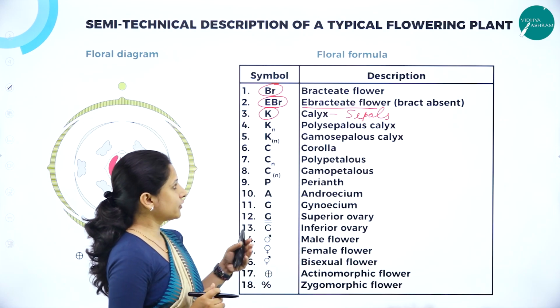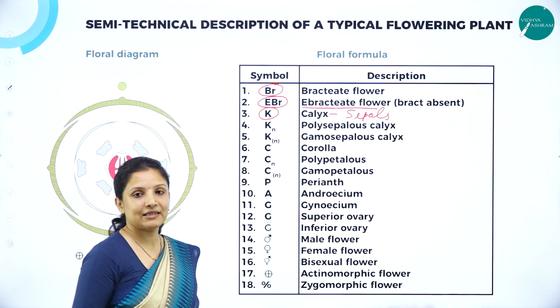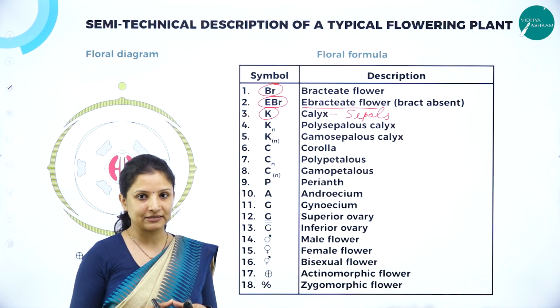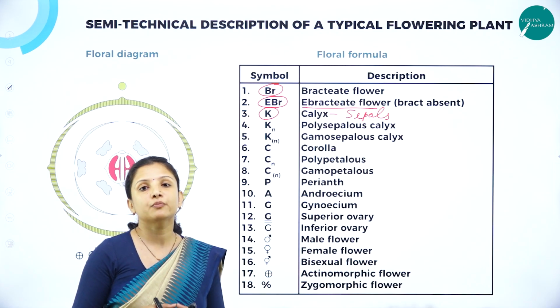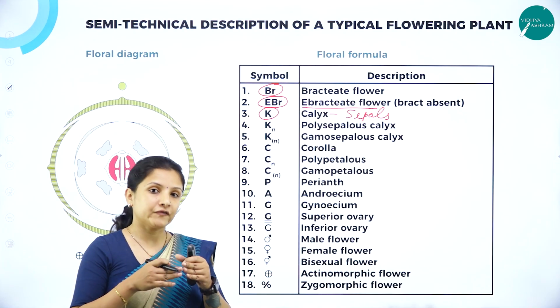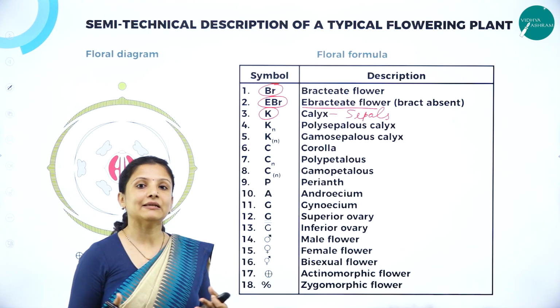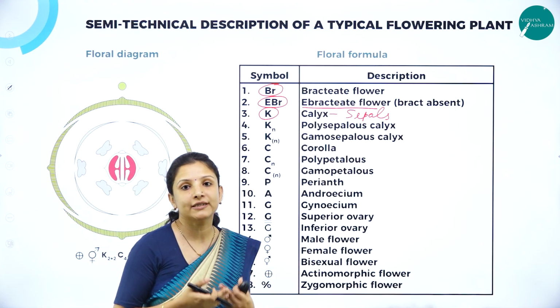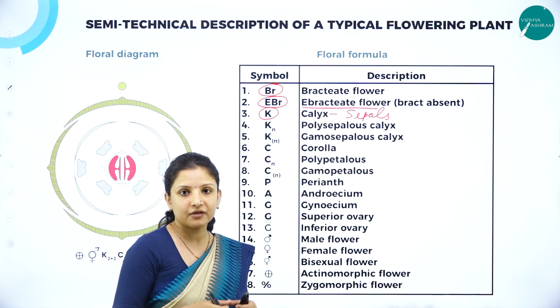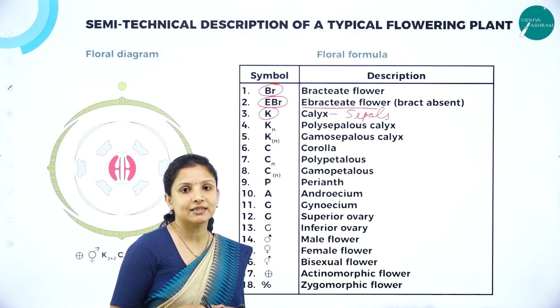Now there are the terms polysepalous calyx and gamosepalous calyx. The calyx is made up of units called sepals. If these sepals are free, many in number and free, we call it polysepalous. And in a flower, if the sepals are fused, we call it gamosepalous.